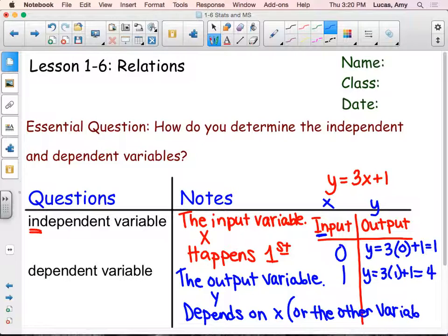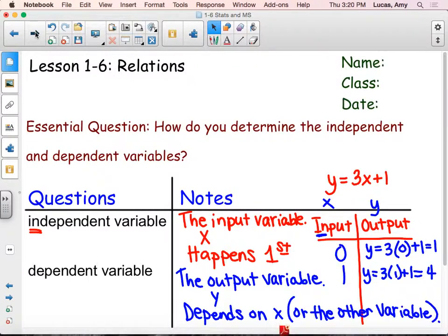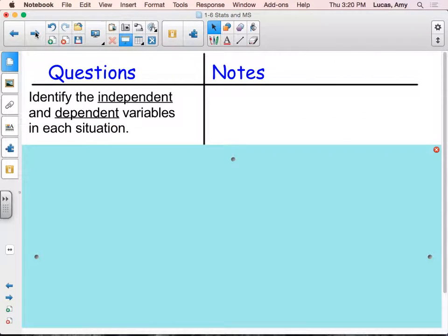Because it happens as a result of the other variable. We're going to look at some situations now, word problems, and we're going to be asking you to identify which variable is independent and which one is dependent.